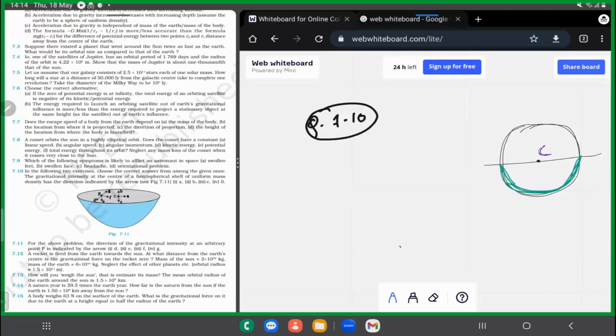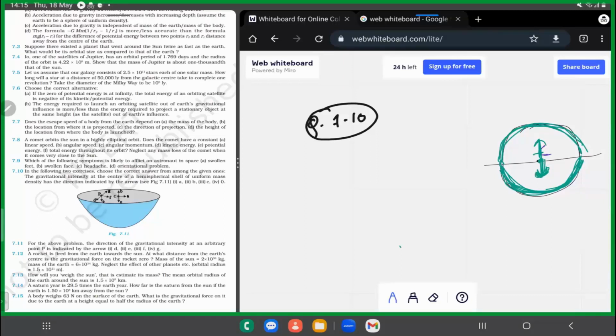The net field is 0 only when this part and this part apply equal gravitational fields in opposite directions. Since this is a massive particle, the gravitational field will be in this direction, and to make the field equal to 0, this part will create the gravitational field in the downward direction. Only then is the gravitational field equal to 0 at this point.